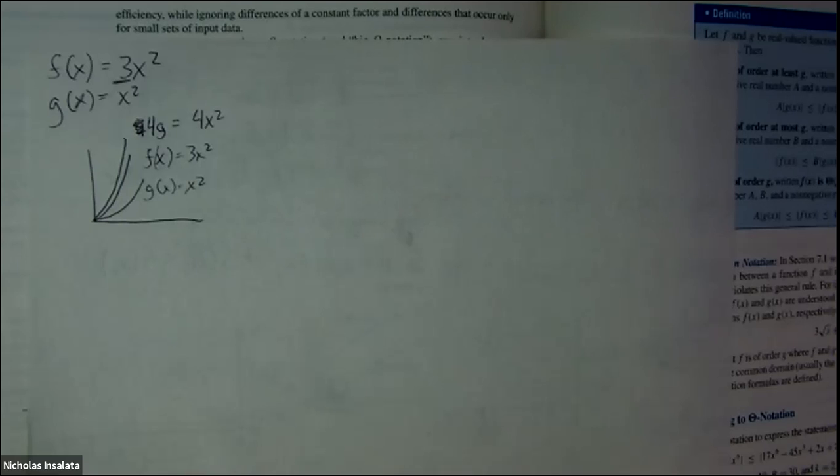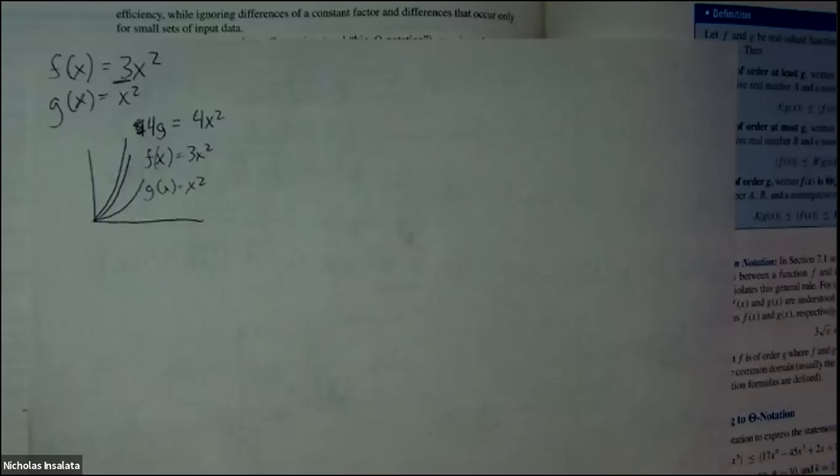Okay, the growth rate depends on the shape of the function, not its scale factor. Yeah, and I would say negligible is really the important word there. I think that's really the key point, right? Because the coefficient on a function doesn't matter if we're talking about functions with big exponents, right?